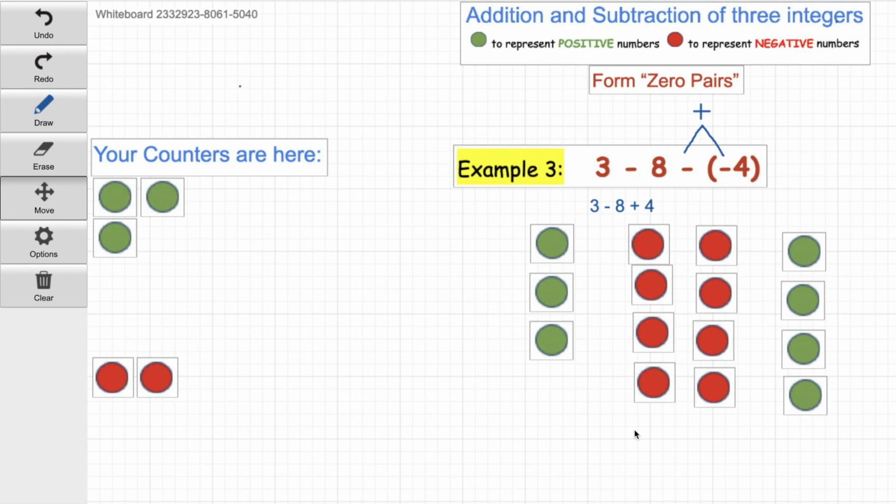All right, so now we have used the counters to express the problem that we have. Now, all we need to do is to use the zero pairing method to find the solution to this problem. So we're going to pair one red with one green.